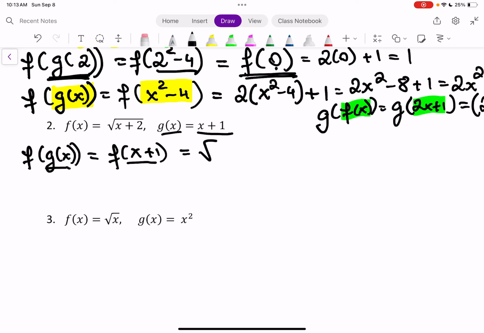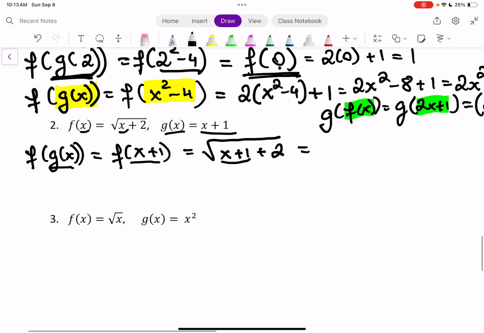So we already practiced this, where we were starting to plug in not just numbers into functions, but other names, other variables, other expressions, right? It doesn't always have to be a number. So in the function f, where I see x, I now write the g function, which is x plus 1. And this can easily simplify to x plus 3.